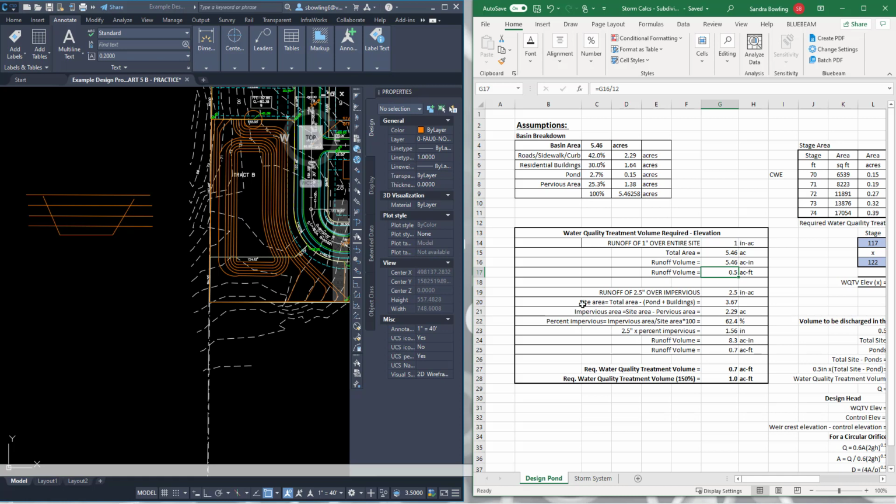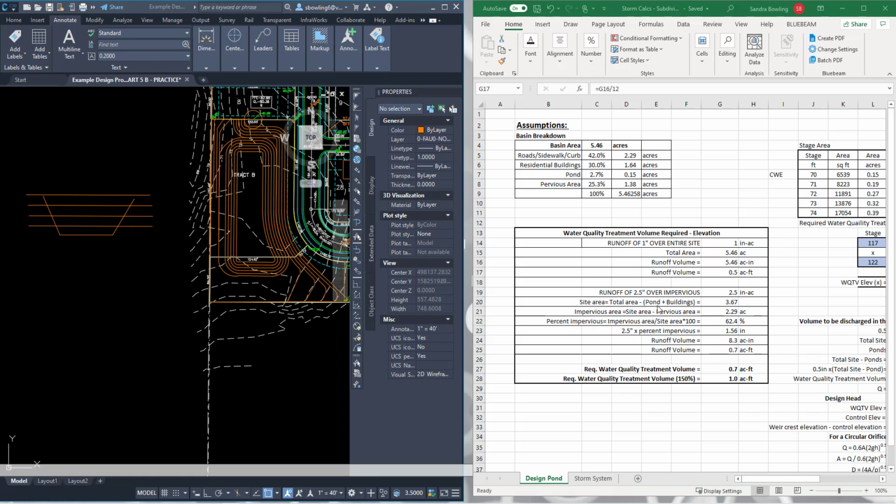So the first thing you have to do is figure out the site area. So the site area is the total area minus the pond plus the building. And the reason we're doing pond plus building is because it's impervious, but it's not impervious that has, you know, if you're talking about a parking lot, contaminants on it. So the top of a building doesn't have to be treated for water quality.